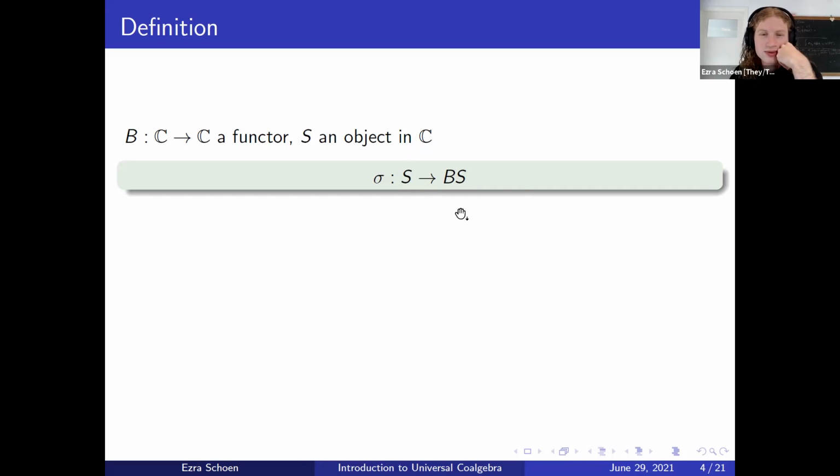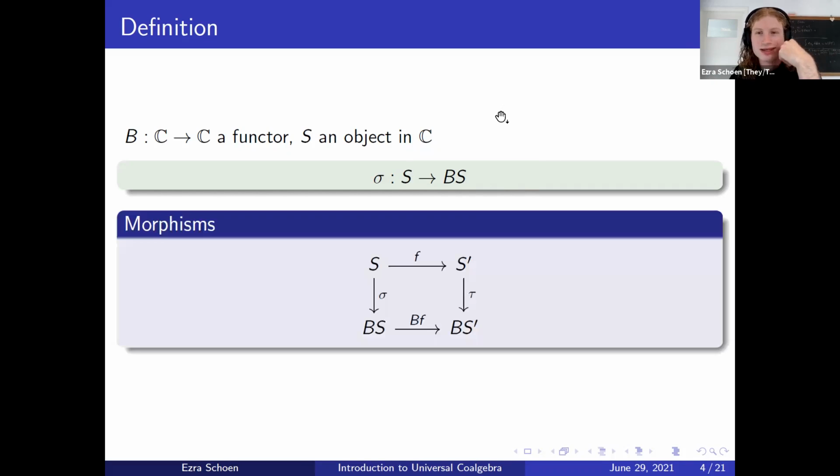And it's also important to know what the morphisms of coalgebras are, and it's the obvious thing, right? It's just some function f that makes this square commute. And again, there's no other properties, there's no other structure, so this is just what a morphism of coalgebras is.